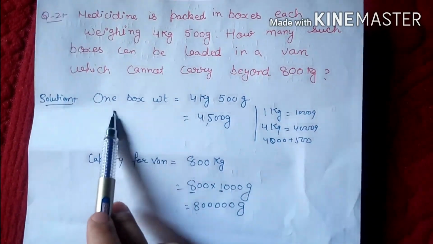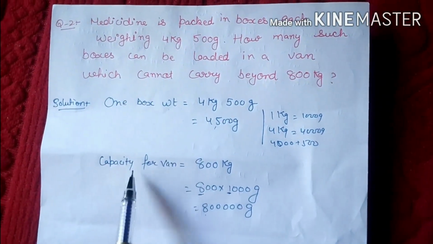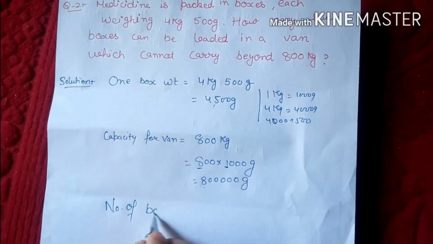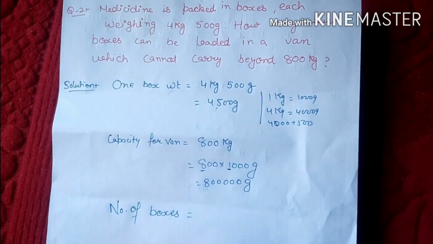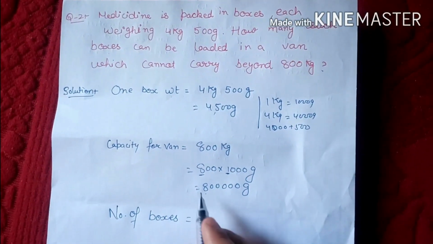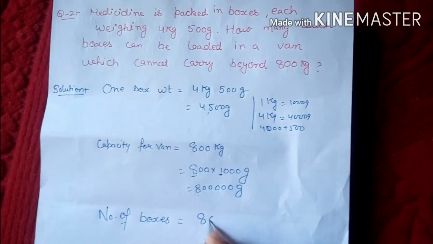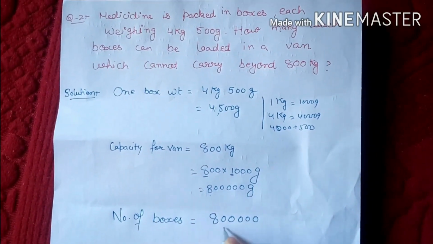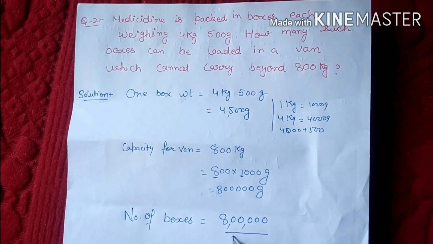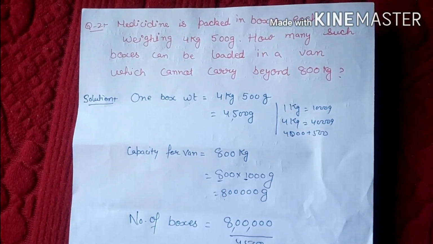So this is the weight of one box, and this is the capacity of the van. We have to find the number of boxes, that is, how many boxes can be loaded in that particular van. For that, the total capacity of the van is 8 lakh gram, and the weight of one box is 4500 gram.